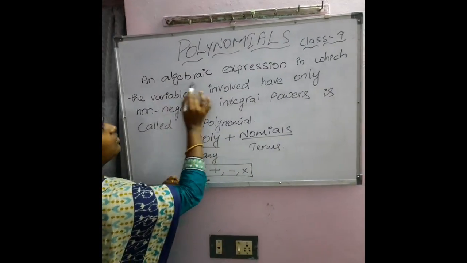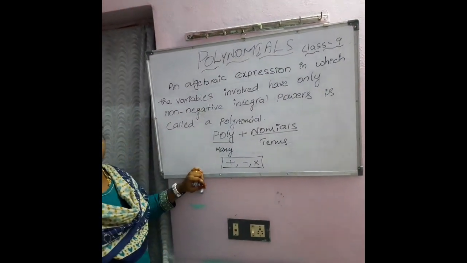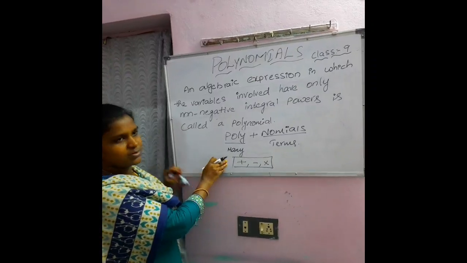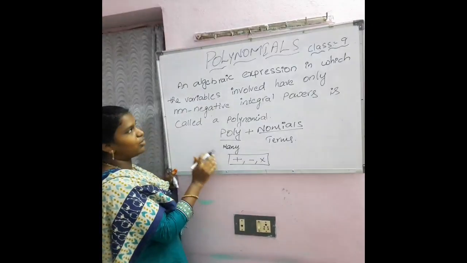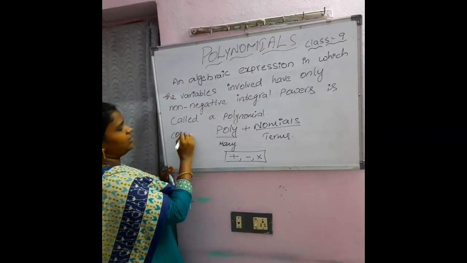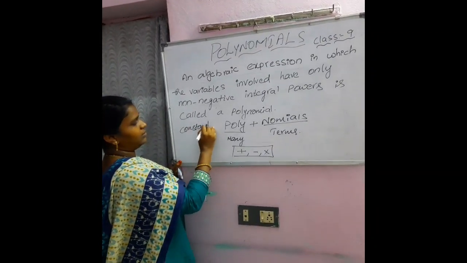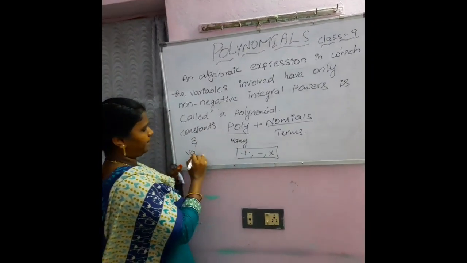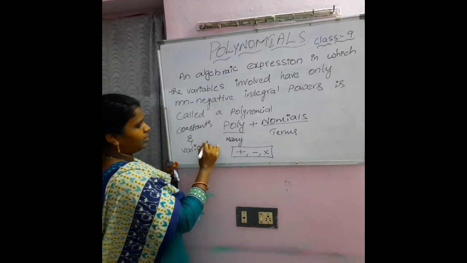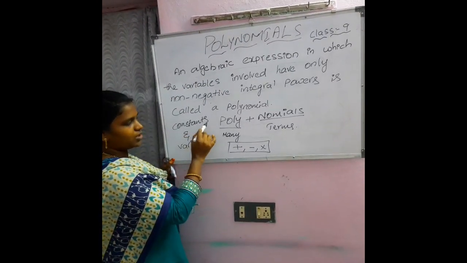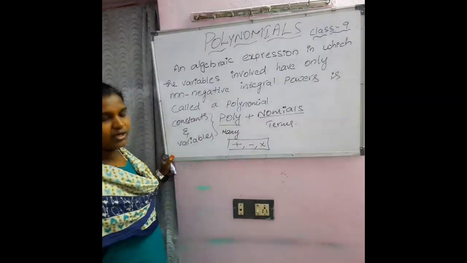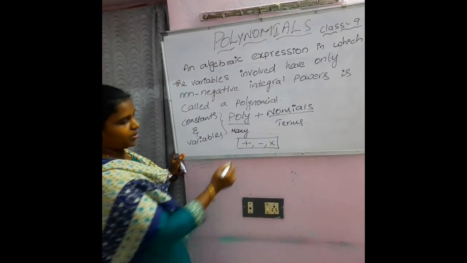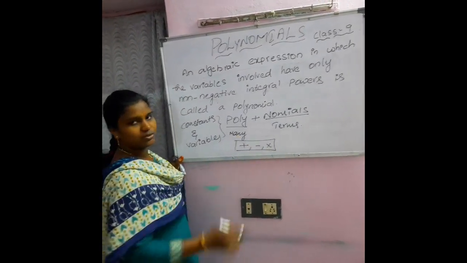If you look here at the algebraic expressions, what are algebraic expressions? Algebraic expressions are nothing but the combination of constants and variables with some binary operations, plus, minus and into.